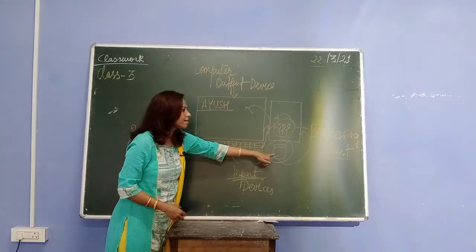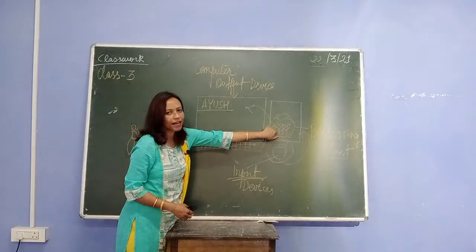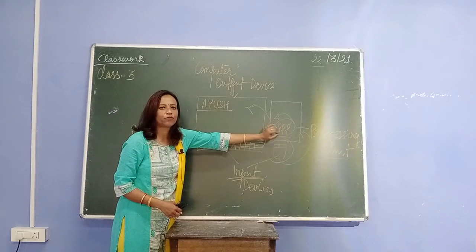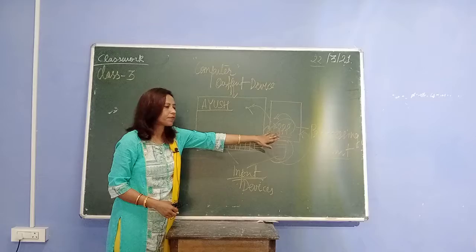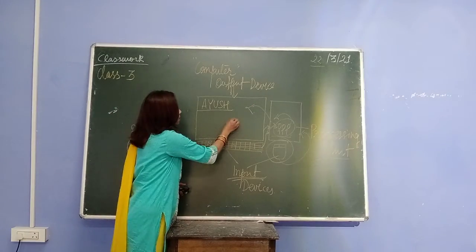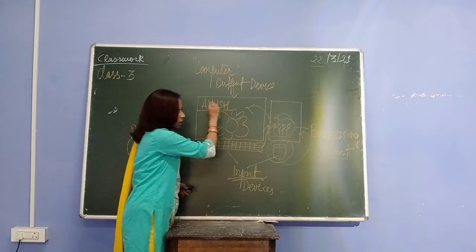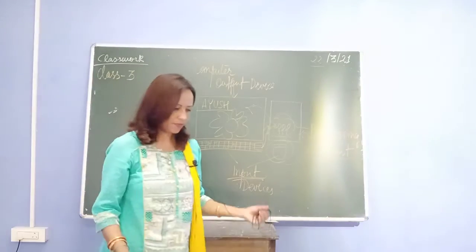So again, this mouse is your input device. The processing that happened inside the CPU is again processing unit, and then you can see your drawing on the screen, on the monitor. So your monitor is again your output device.